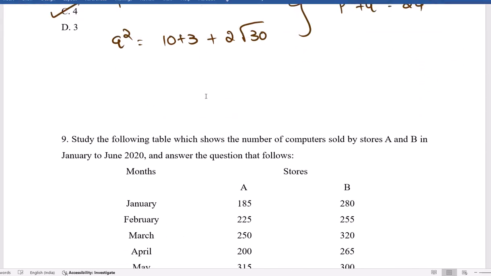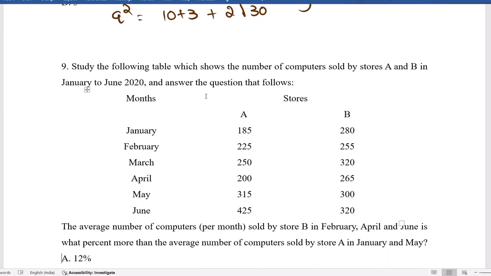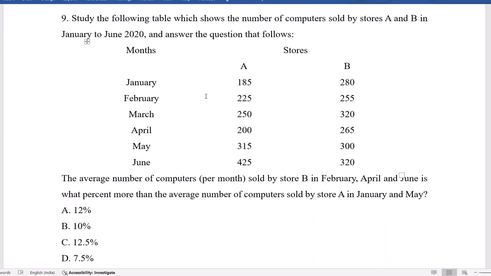Now data interpretation related question. So average number of computers sold by store B in February, April and June. Average. So 265, 255, 520 and 320, 840 divided by 3, which is 280.